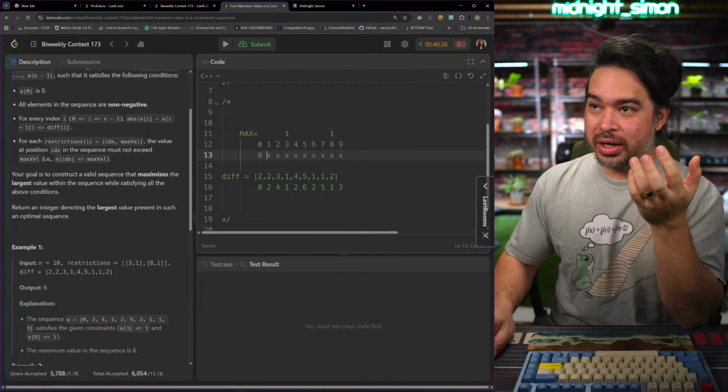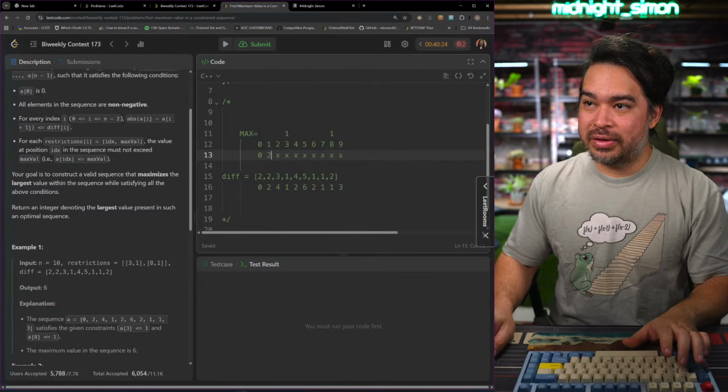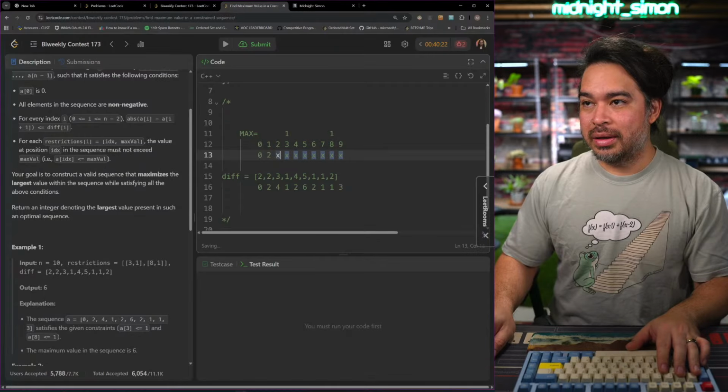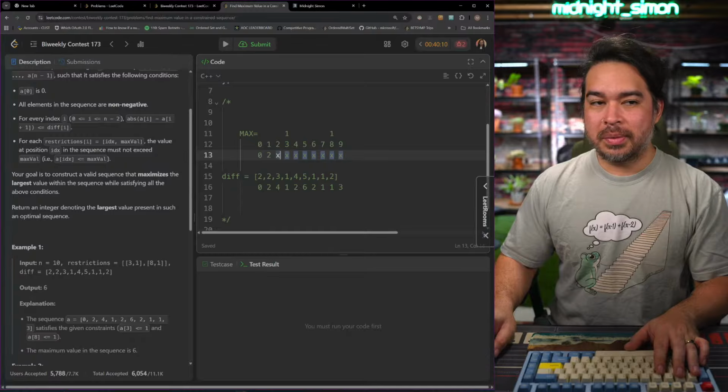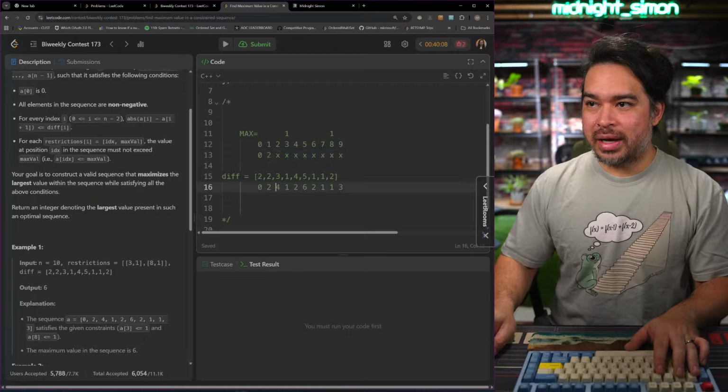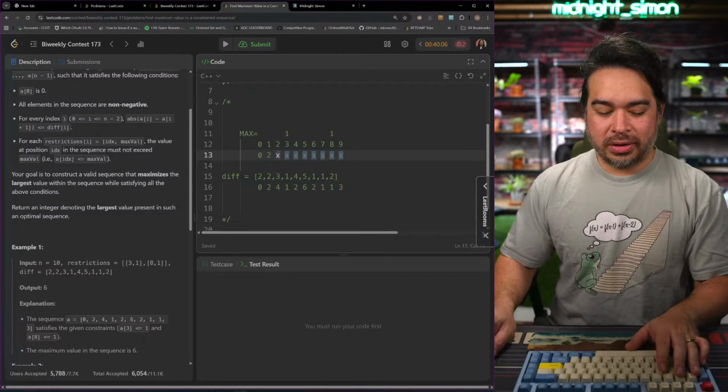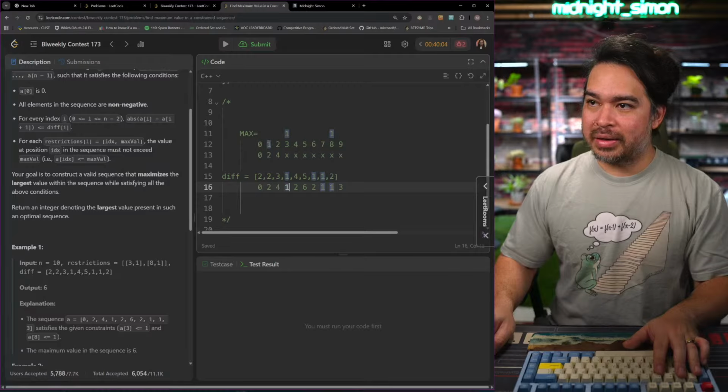Do I just try and go for as big as I can? So I hit 2, right? And they say no, the diff is 2, so this can go up to 4. Something within the range. The answer is 4. So should I always try and hit max? 3, but this has to be 1.